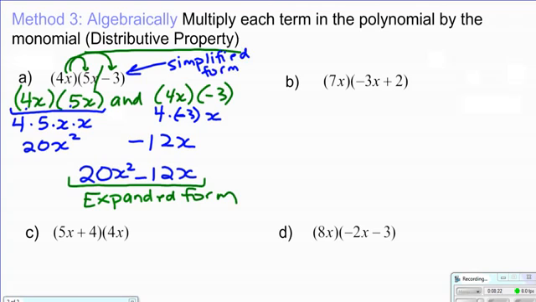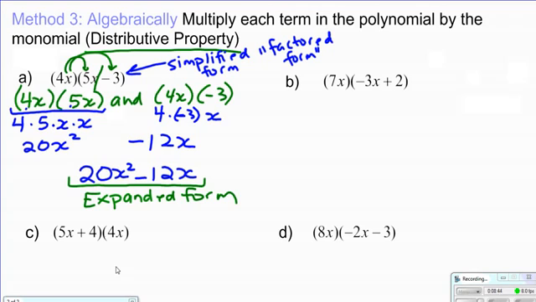Or you might hear it as factored form. We're not going to worry about these names too much this year, but definitely as you move into grade 10, you will see these names used a lot more. So it doesn't hurt to start getting used to them now.